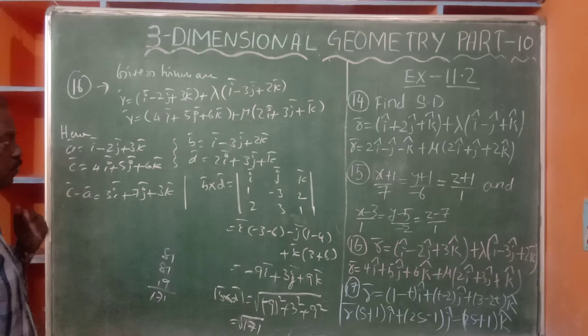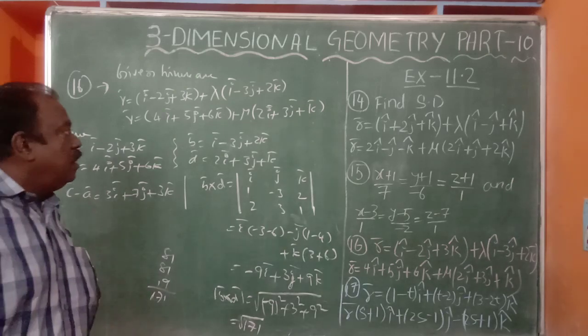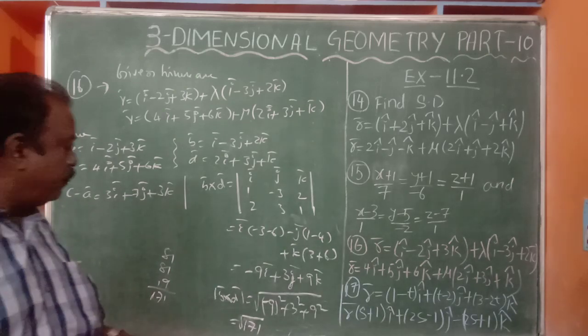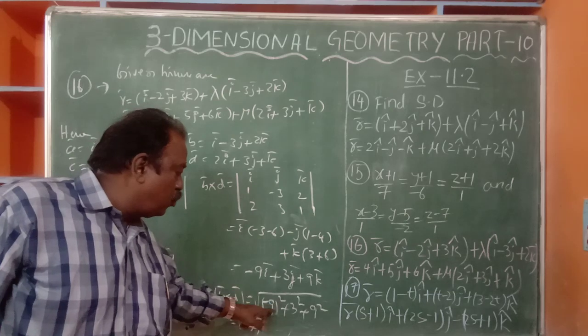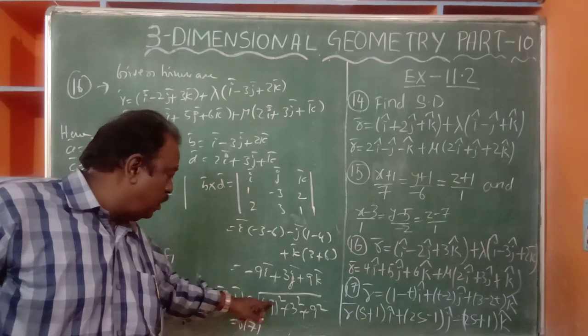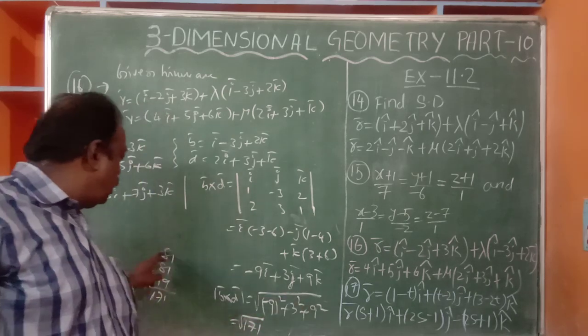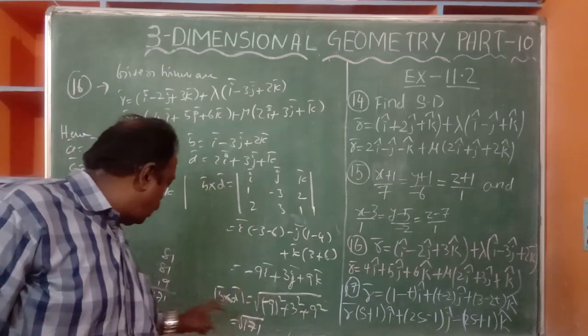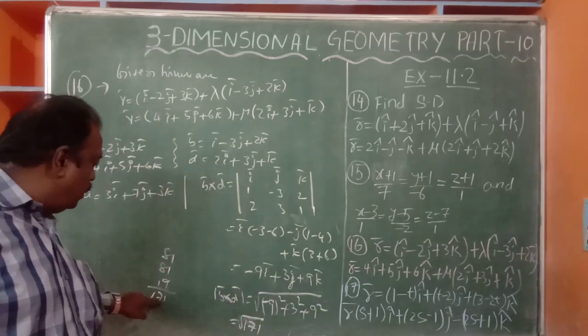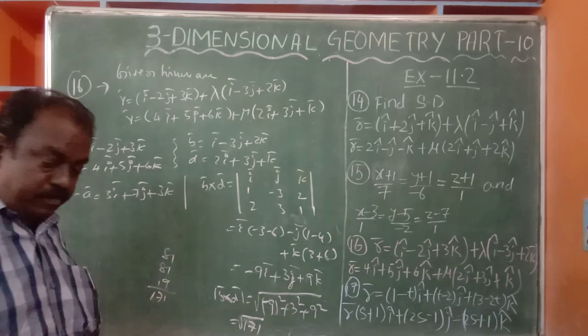You agree? Observe me: 81, 9 square, not minus 81, plus 81, plus 81, 3 square is 9. So 171.